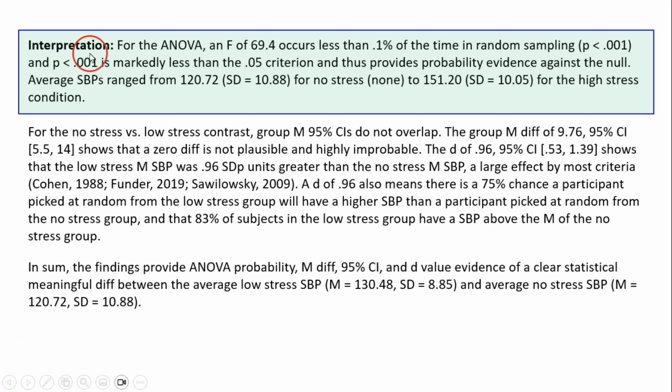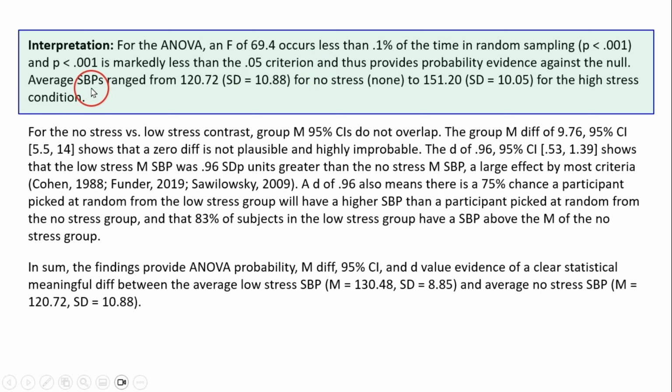Interpretation. For the ANOVA, an F of 69.4 occurs less than 0.1% of the time in random sampling. P is less than 0.001, and P is less than 0.001 is markedly less than the 0.05 criterion, and thus provides probability evidence against the null.